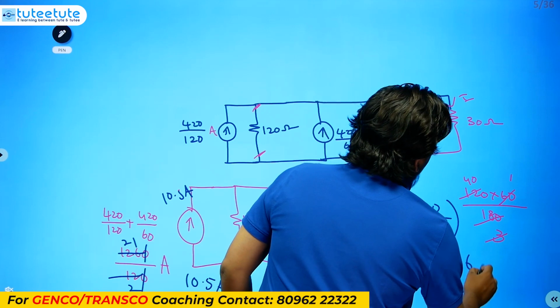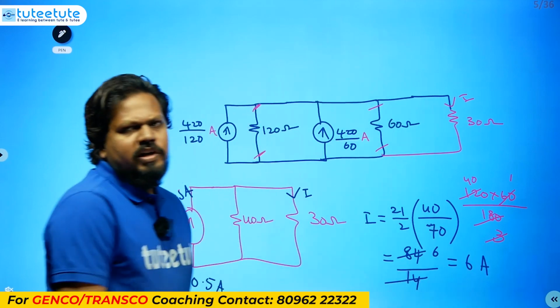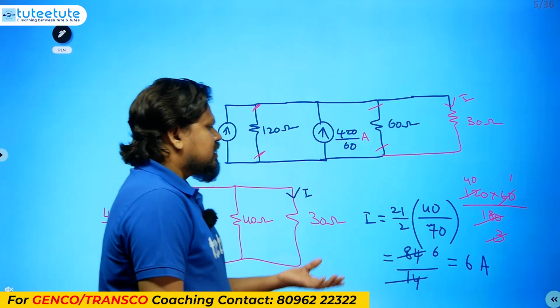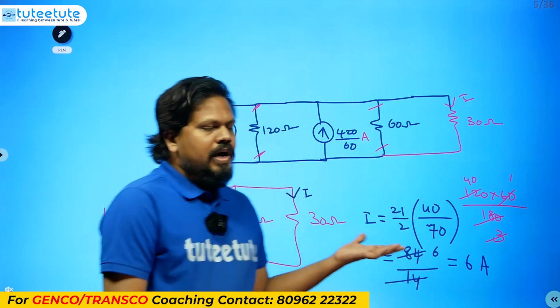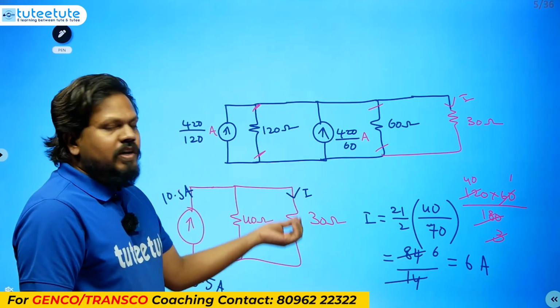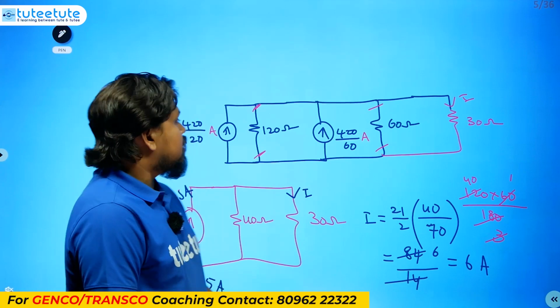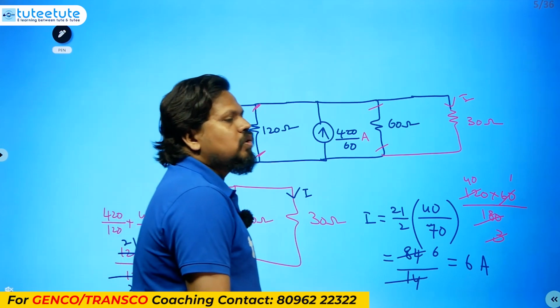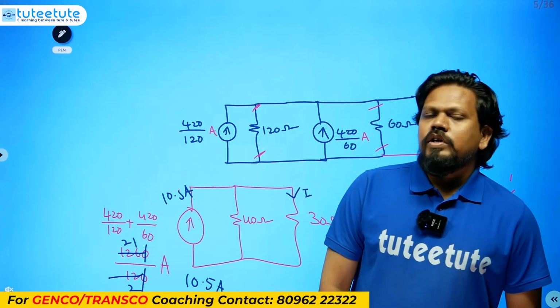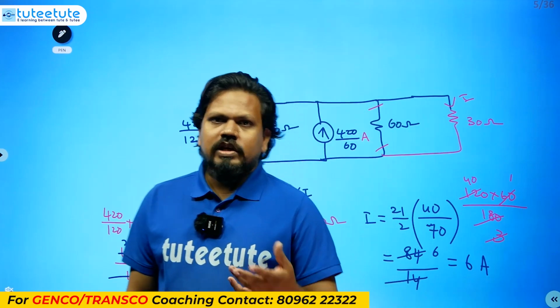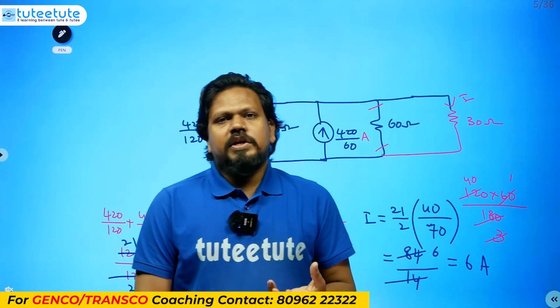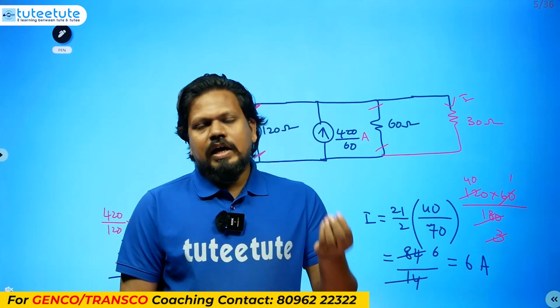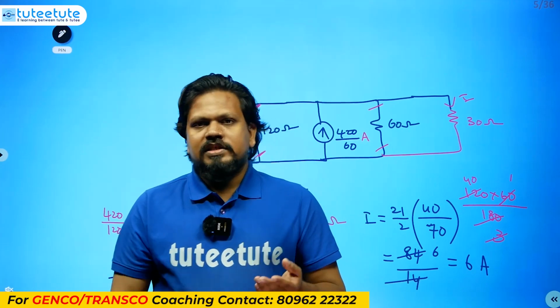So 6 amperes. See, the explanation may take a little bit more time, because I want to explain how current will be divided in a parallel connection, and we are learning about conversion of a voltage source into a current source. How are we converting? Any voltage source in series with a resistance can be transformed as a single current source in parallel with the same resistance.